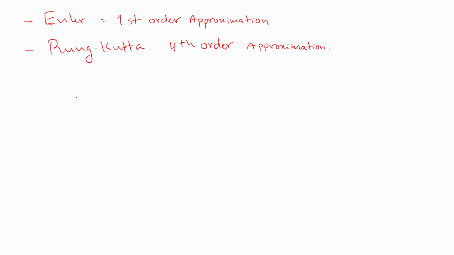So I'm going to show you one way that you can derive both first order and fourth order. Actually, it's from the Taylor series. How do you write the Taylor series?